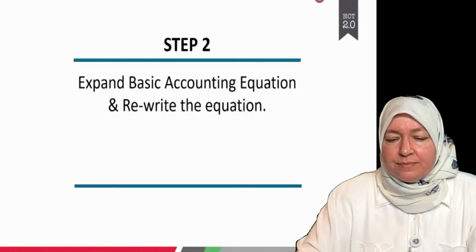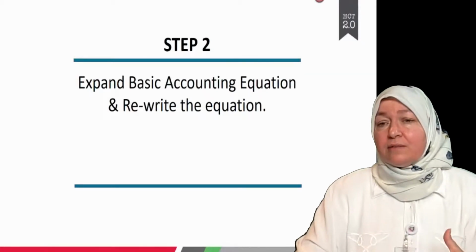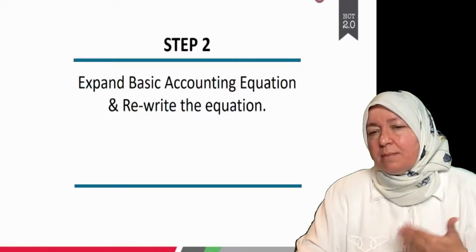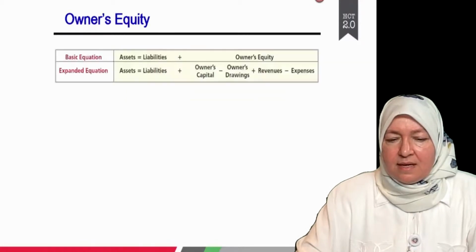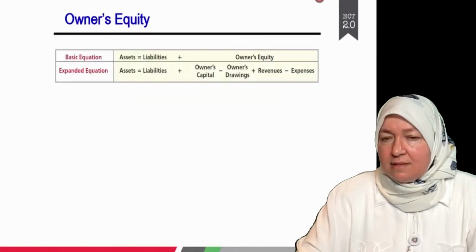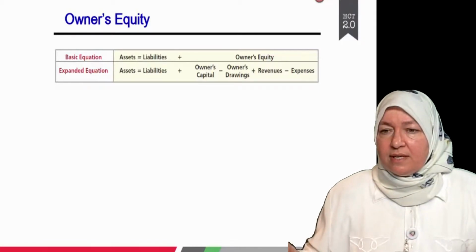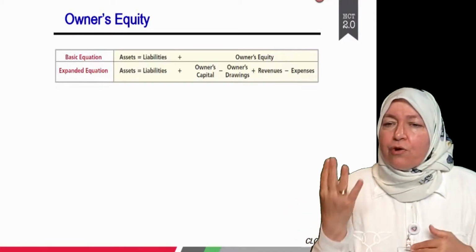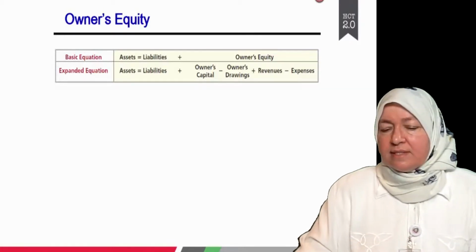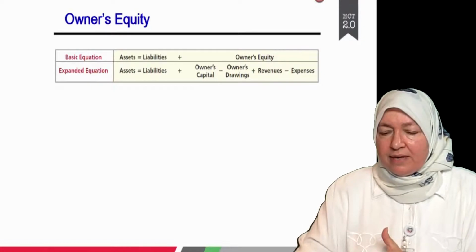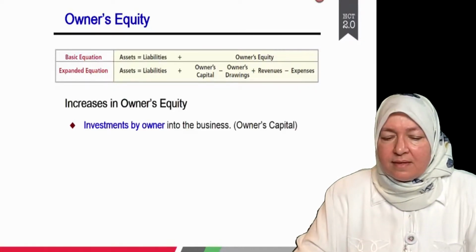Now, step number 2. We are going to expand the basic accounting equation and rewrite it once again to help us develop the matrix of the debit and credit sides. As we said, assets equals liabilities plus owner's equity. If we expand owner's equity, we find its 4 components: owner's capital and revenues increase it, and owner's drawings and expenses decrease it.